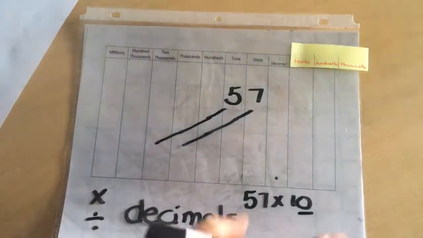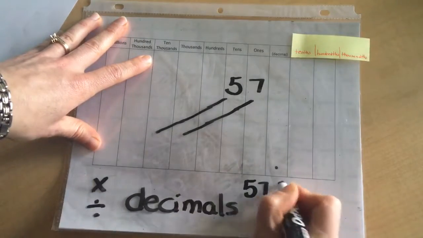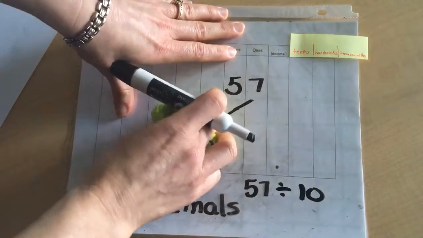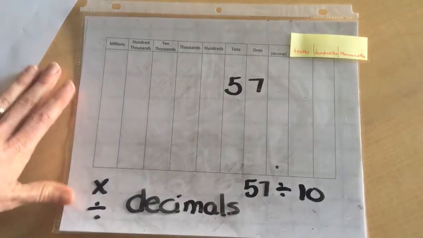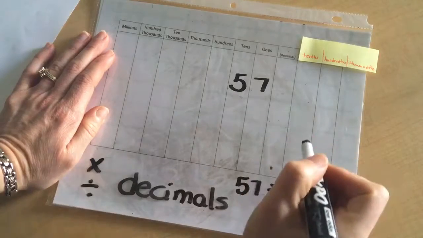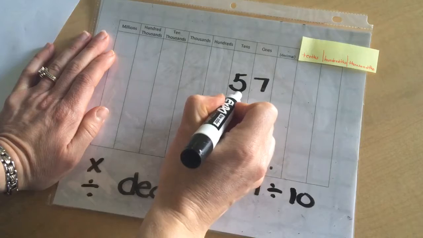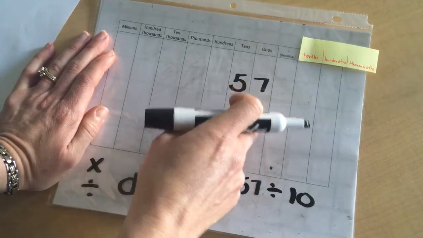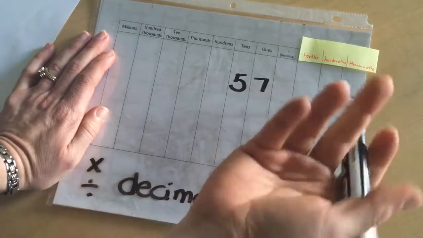Now when we divide, you guys know that we go the other direction. 57 divided by 10. Well, what we've done in the past is we've said, oh, that's about 5. Well, we don't need to do that anymore because now we have decimals. So decimals need to take place here, because when you divide by 10, we know in the past we just shift back, because when I divide this 5, I have to unbundle it and end up with 50, or 5 tens, and then divide by 10, which would give me 5.